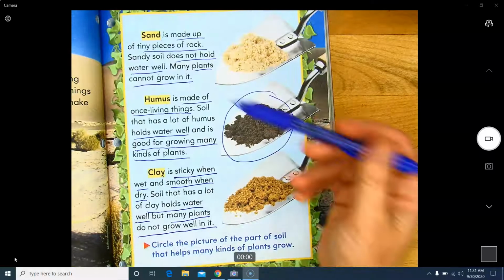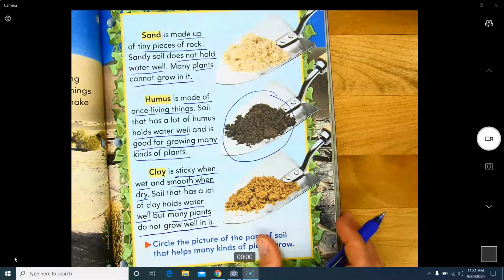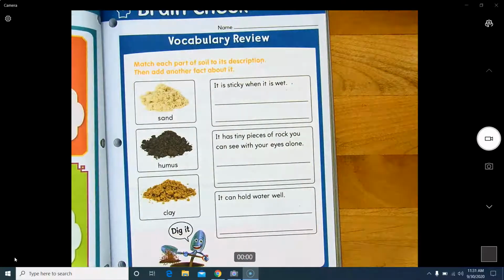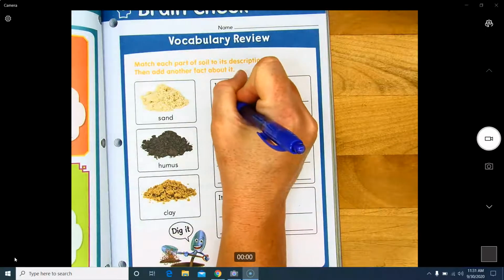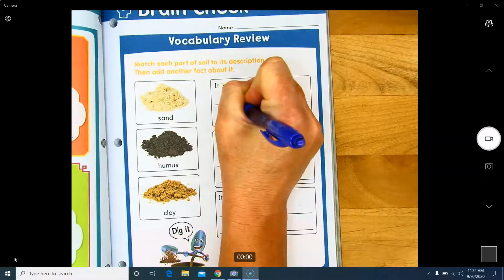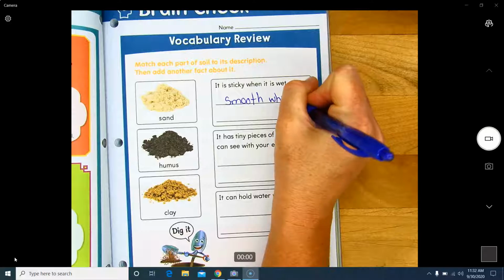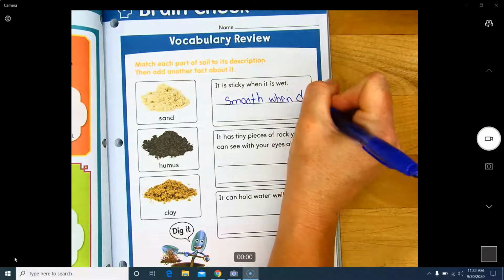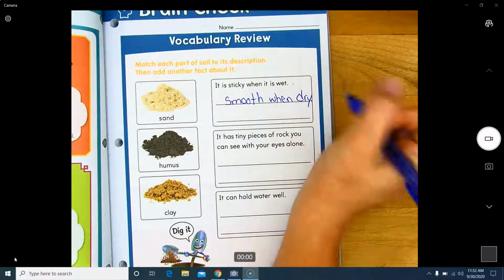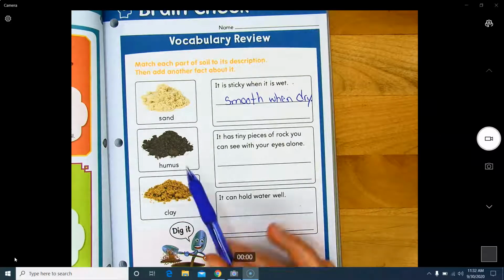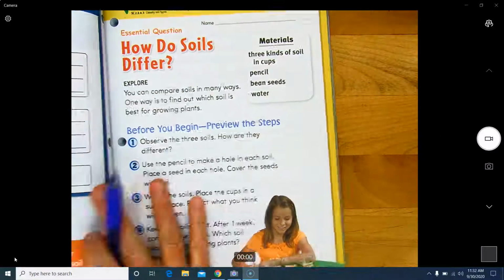Go back to this page and read which one says it is sticky when wet. Then you can also say smooth when dry. Then write another fact here and match your descriptions.